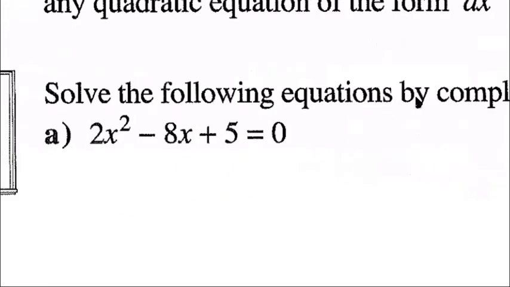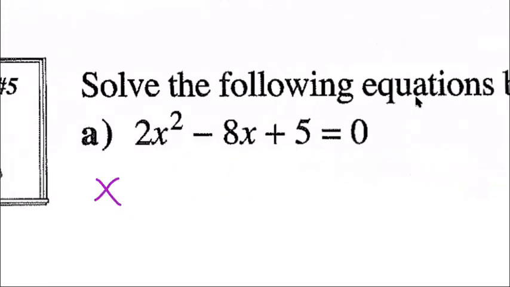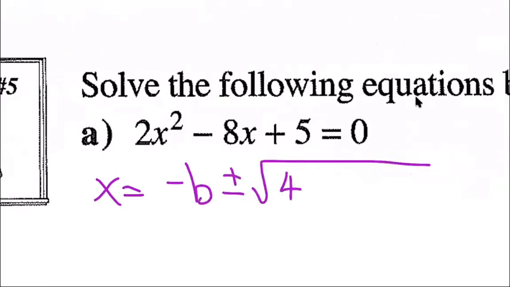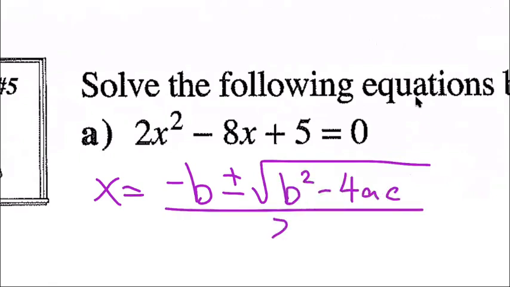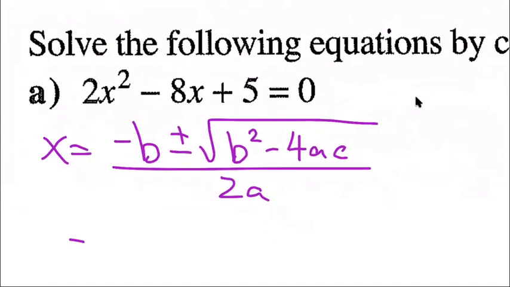So let's use that. x equals minus b plus or minus the square root of b squared minus 4ac all over 2a. a is 2, b is minus 8, c is 5.